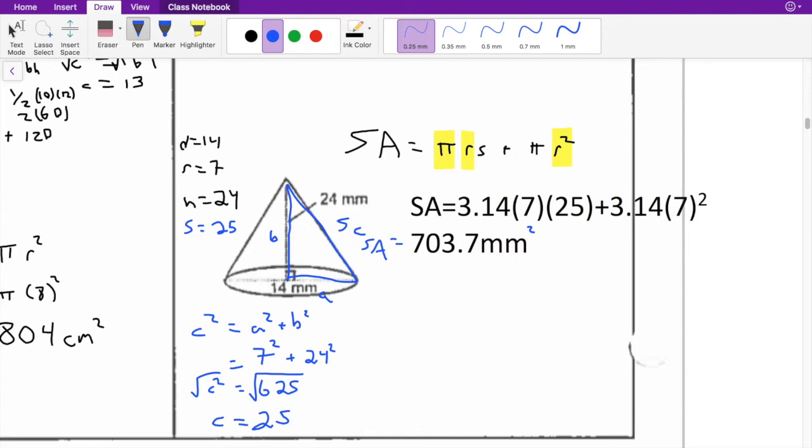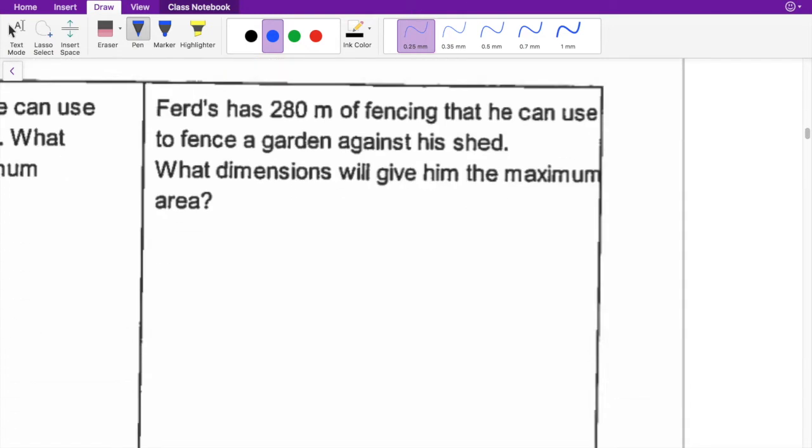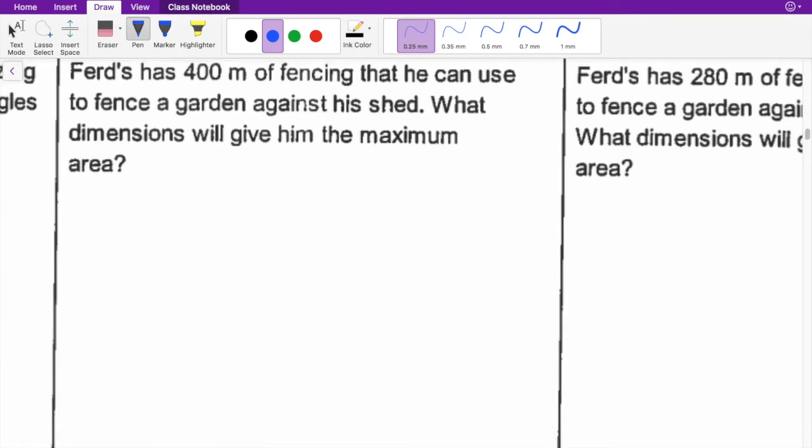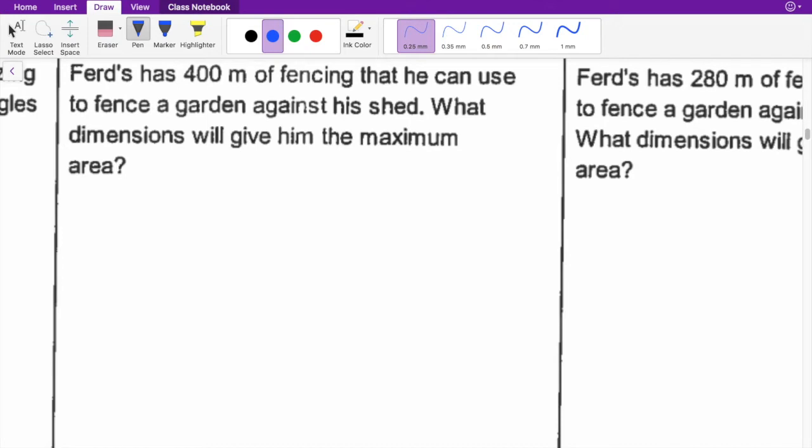So we're going on to optimizing rectangles. Ferd is back. Ferd has a lot of time on his hands. So Ferd has 400 meters of fencing that he can use to fence in a garden against a shed. What are the dimensions that give him the maximum area?